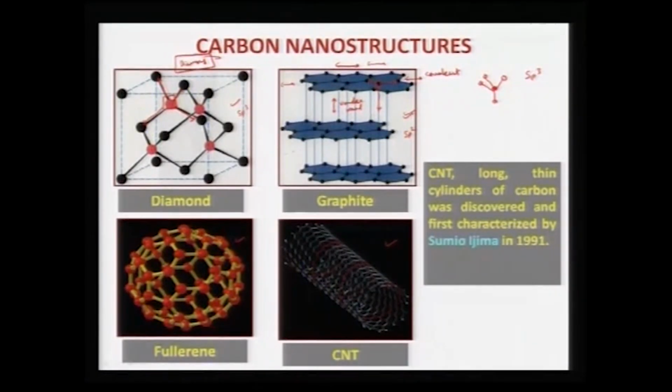So, I can easily slide these 2 layers and slip those graphitic planes over each other, and that gives the overall lubricating property to graphite. That is not possible in the diamond structure, because in diamond all the bonds are covalent. So, we can get very good lubrication in the graphitic structure, because a van der Waals force joins the two layers of graphite. That is what defines the overall graphitic structure.